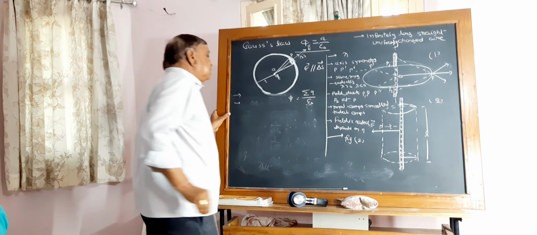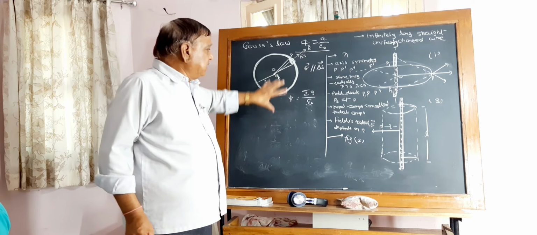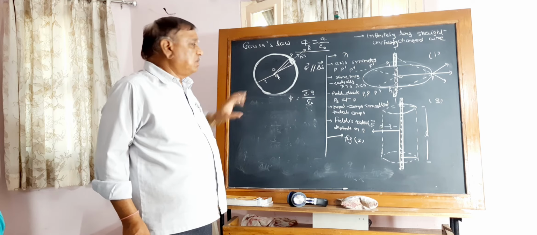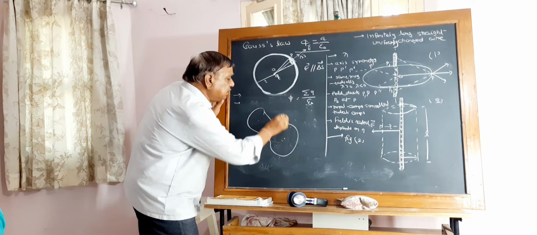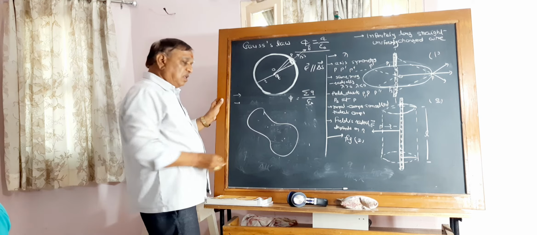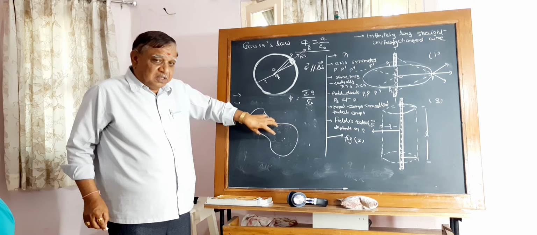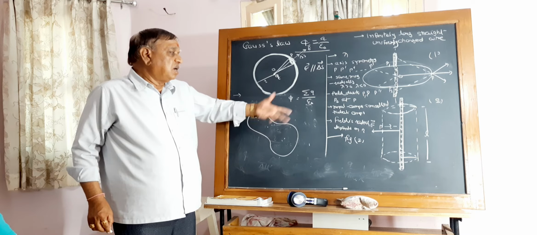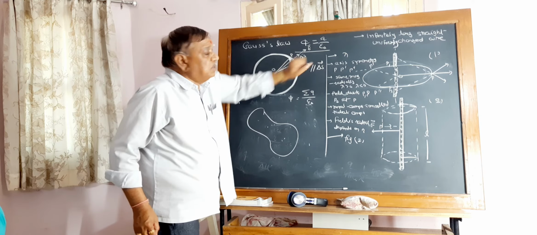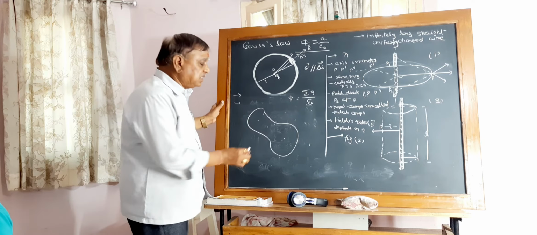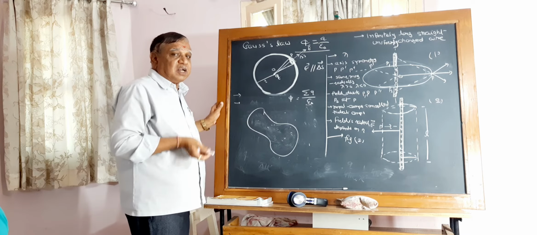Third point, E is for any surface, suppose charges may be inside, may be outside. In the case where charges are inside the surface and outside the surface, then in the term Q by epsilon 0, we have to consider only the charges which are inside the surface, not outside.